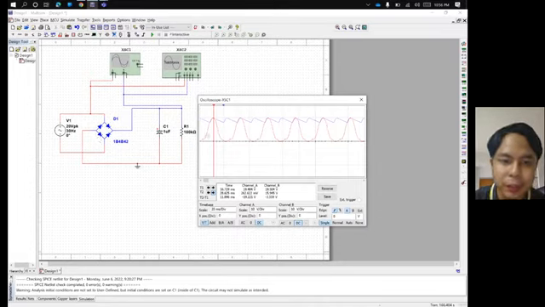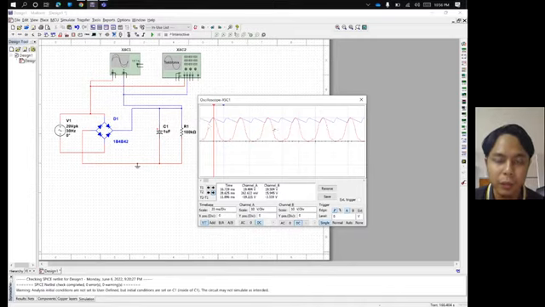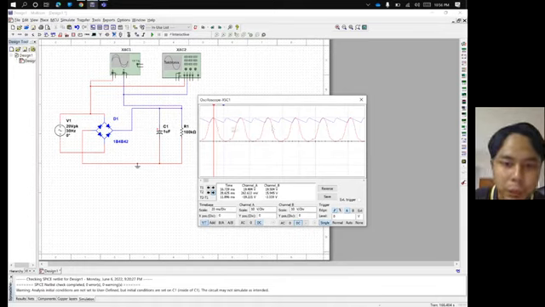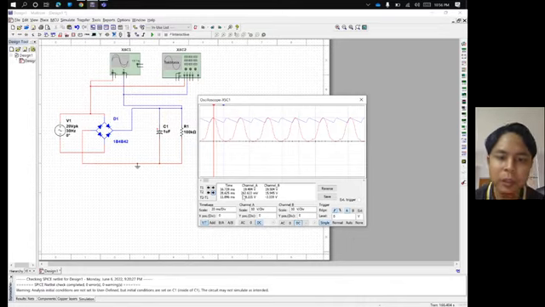You can see it ripples all the way in the positive phase only, while the blue one is the output from the capacitor, which is an LPF circuit, a low pass filter. We can see the ripple voltage is 262 millivolts, which is quite the same as we calculated.